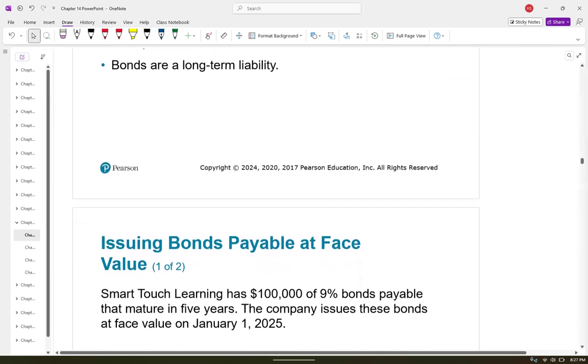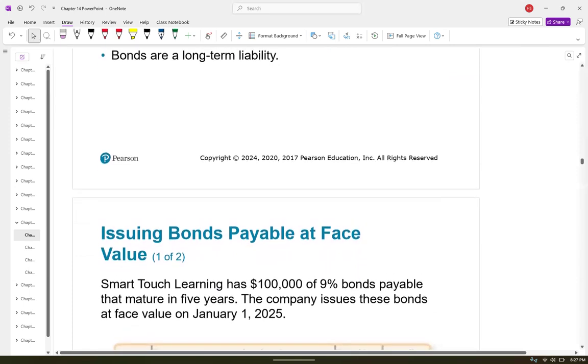Okay. So the first one they give us is Smart Touch Learning has $100,000, 9% bonds payable that mature in 5 years. The company issued these bonds at face on January 1st, 2025. Remember I told you in the last video, I get a little blurb of information.